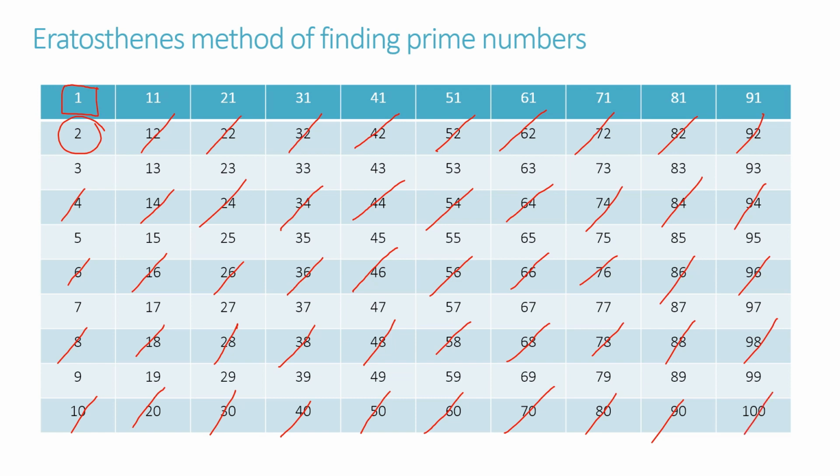Now from this we come to know that more than half the numbers are not prime numbers.